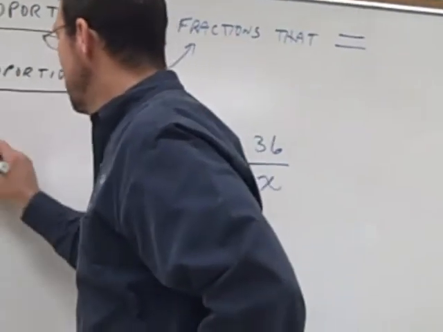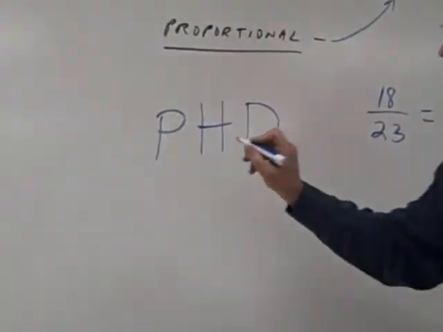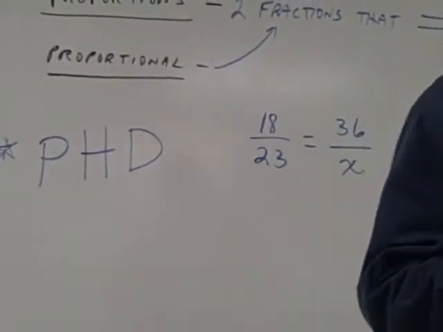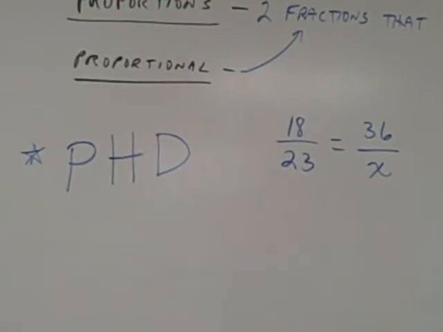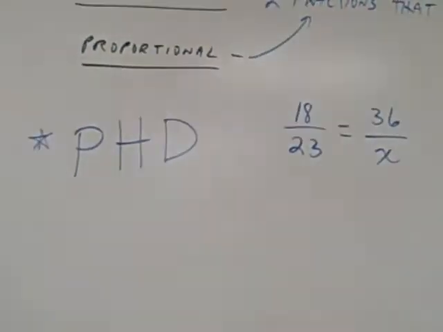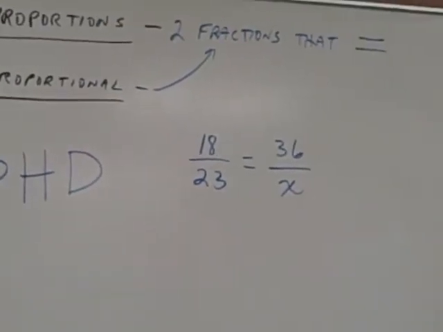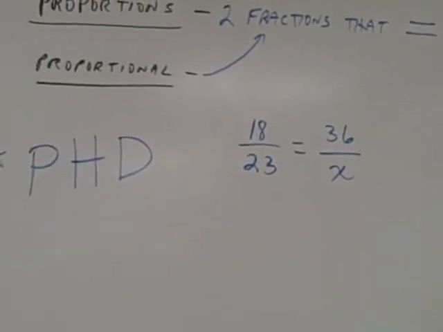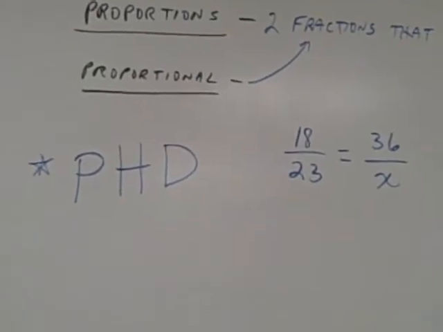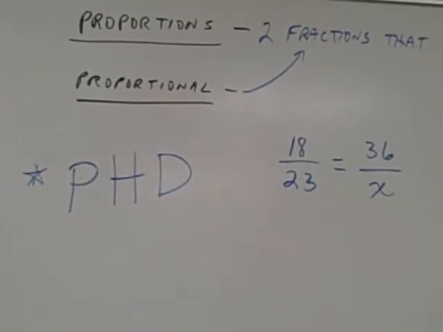Do y'all remember? We used PhD. And again, I stress in the 6th grade, your problems will PhD. But next year in the 7th grade, you will begin your mathematics career where you have proportions that will not PhD. Some will, some won't, and the ones that won't, you have to cross multiply to find.